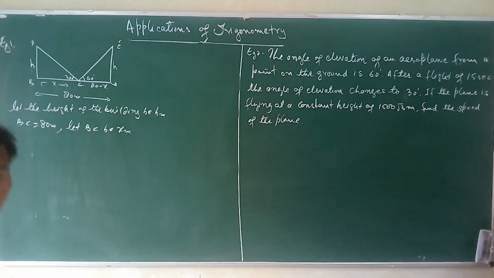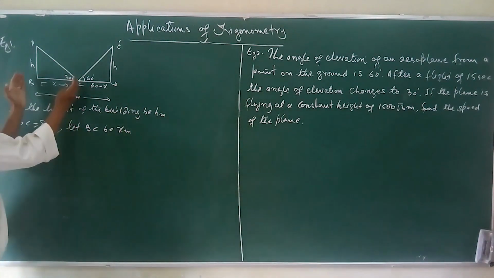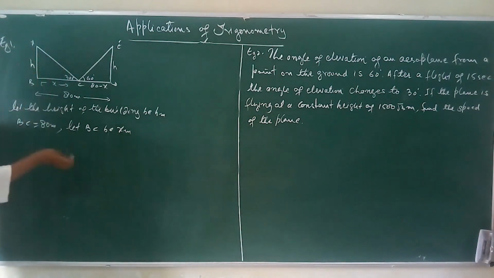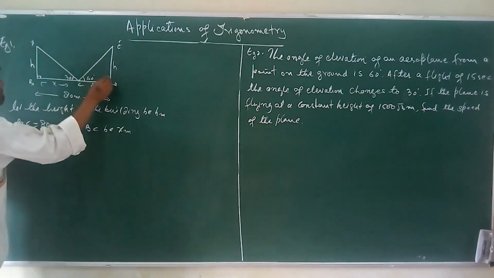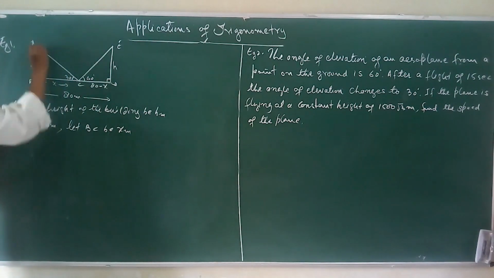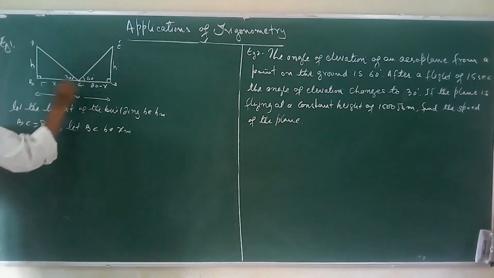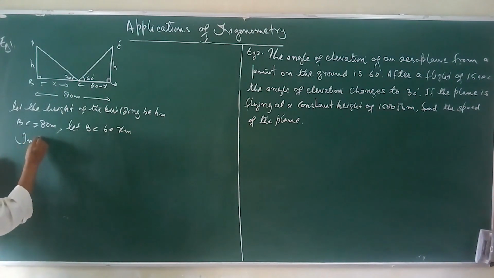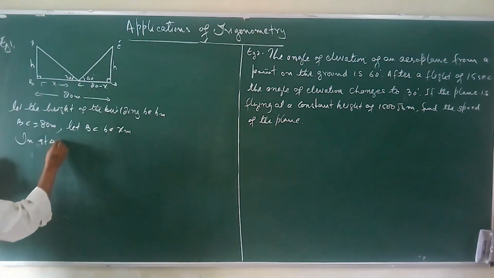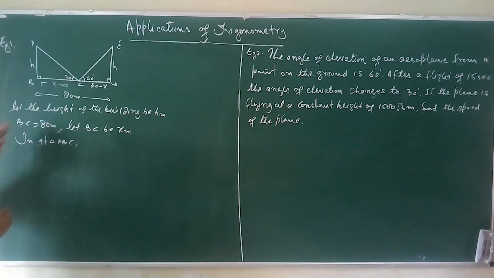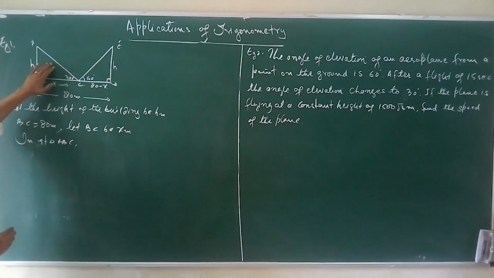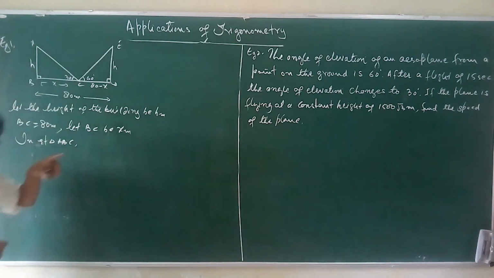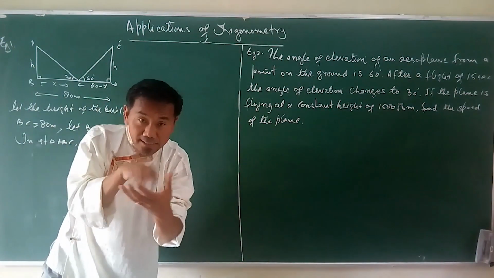Now we are going to compare. Correct, triangle, and this is 90. This is also 90. Now take the right triangle ABC.